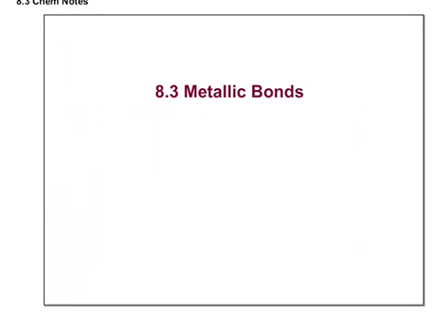This last section is all about metallic bonds, and we have to make sure we have a couple of things straight. So these are going to be pure metals that we're talking about. So it would be like just talking about zinc or copper or sodium even.